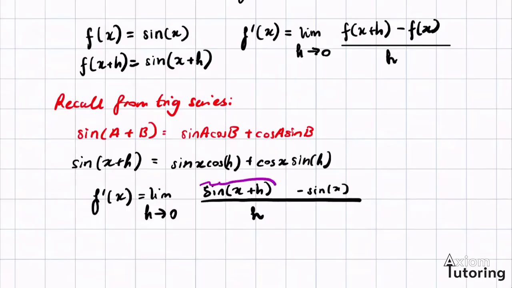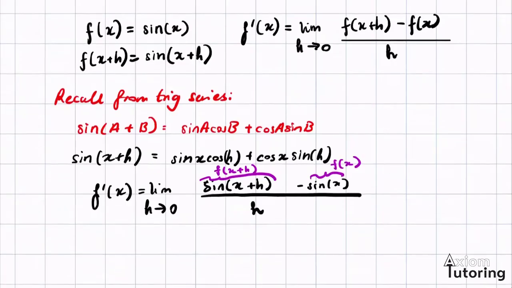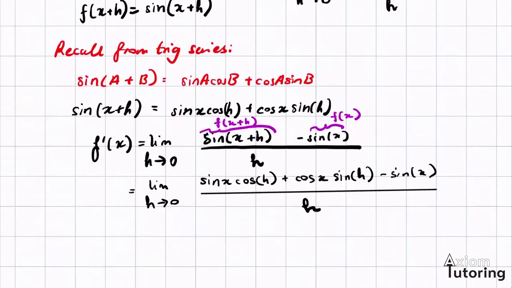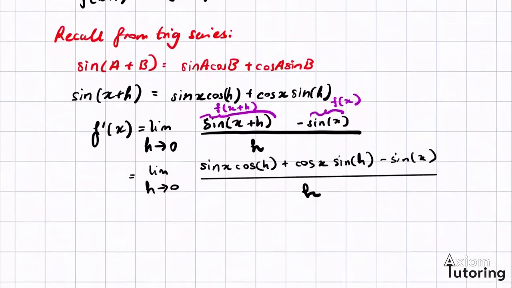And just to make it super clear, that's our f of x plus h, and sine of x is our f of x. And so we can rewrite it as sine of x cos of h plus cos of x sine of h minus sine x all over h. So once we get to this point, we're a bit stuck.